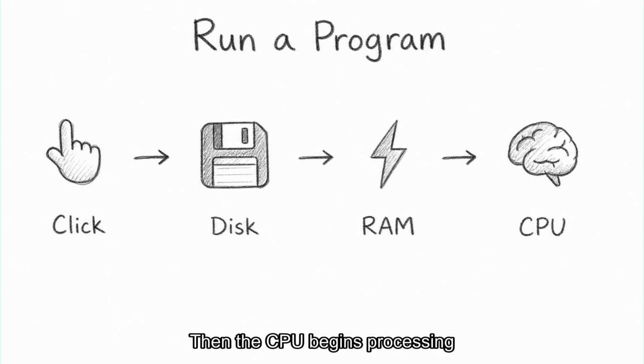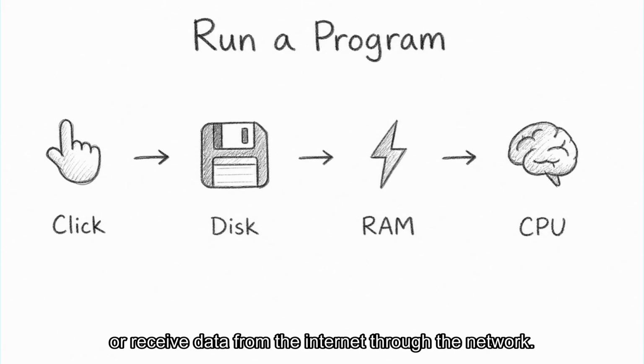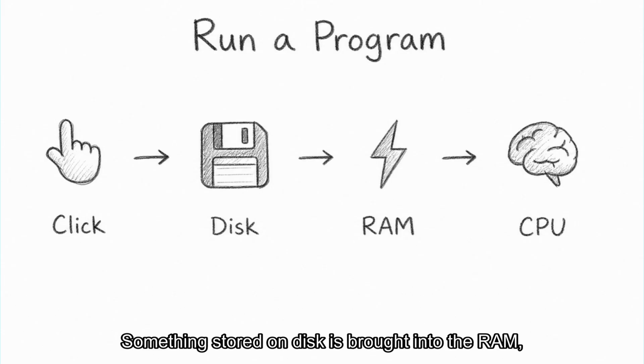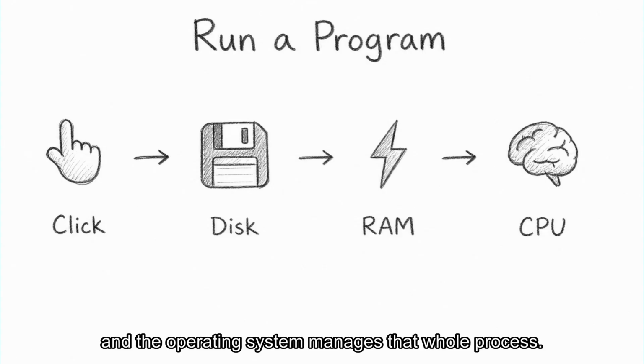Then the CPU begins processing the instructions one by one and the program starts running. Sometimes during the process, the program needs to read more files from storage or receive data from the internet through the network. So program execution does not come from nowhere. Something stored on the disk is brought into the RAM. The CPU processes it, and the operating system manages the whole process.